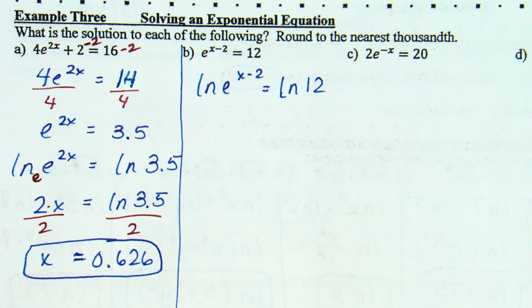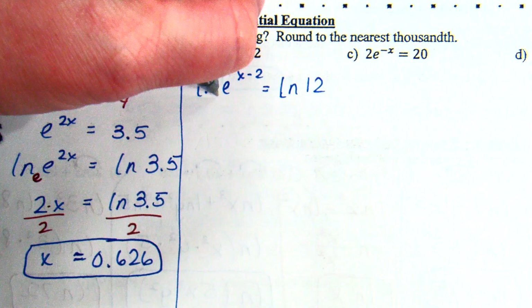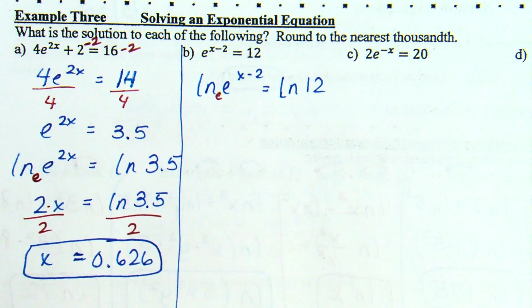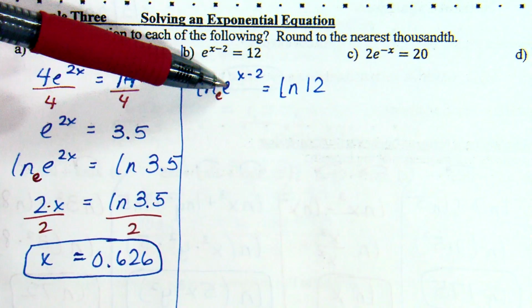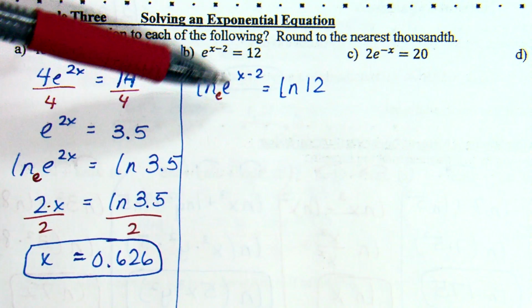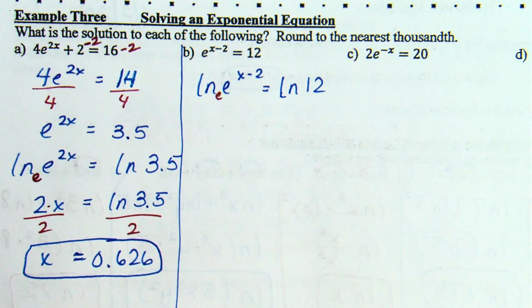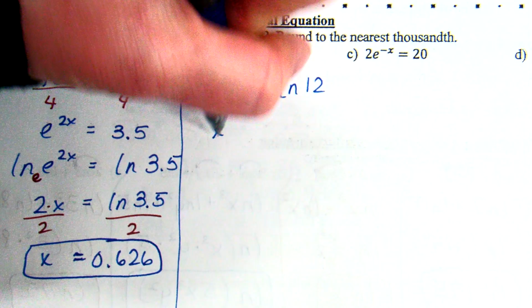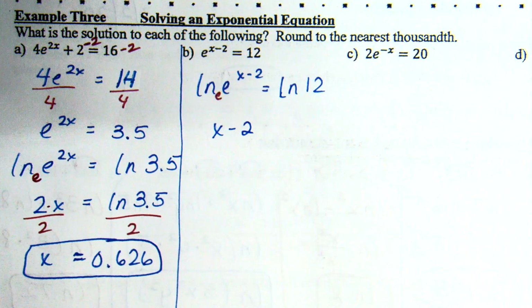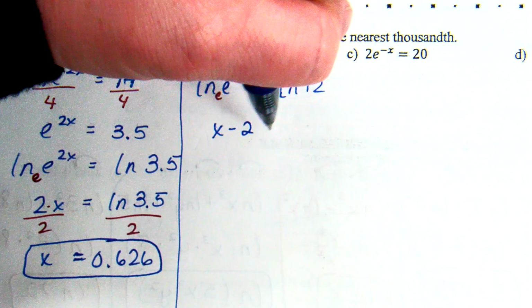Okay. Natural log is base e. And it's not even that you have to write that in. I just write it in for the visual effect. Because these e's match, what do we know? Okay. So would it be x times 2? No. It's x minus 2, so it's x minus 2.